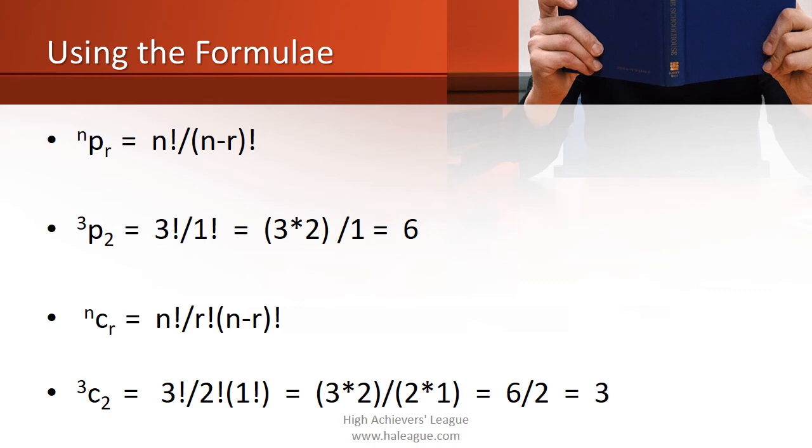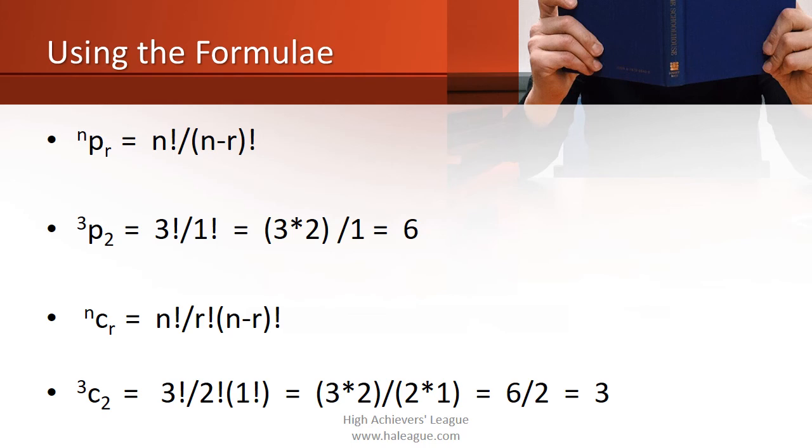Now the formula for combination is NCR, which is equal to n factorial divided by r factorial into n minus r factorial. So again, for the same sample, we had 3 as n and 2 as r. So 3C2 becomes 3 factorial divided by r factorial, which is 2 factorial, and multiplied by 3 minus 2 factorial, which is 1 factorial.